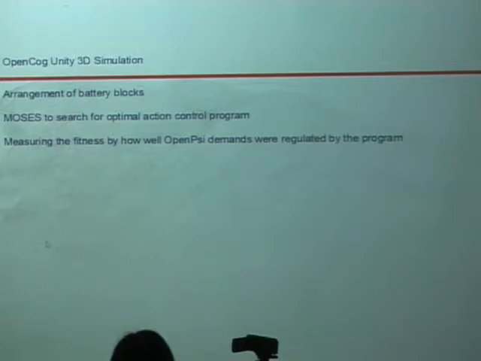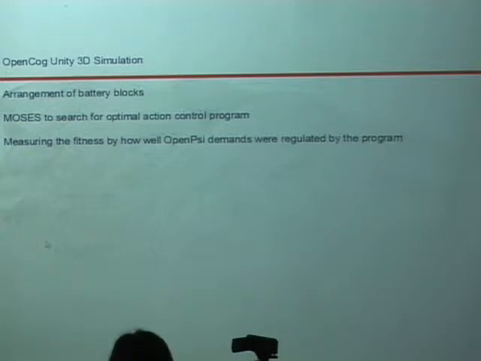Particularly, we could use the Unity3D game world with an arrangement of battery blocks inside the game world, and then use Moses to develop a control strategy for the robot to navigate the world and consume these blocks. And we need to think of a way to measure the fitness of the robot in that scenario.